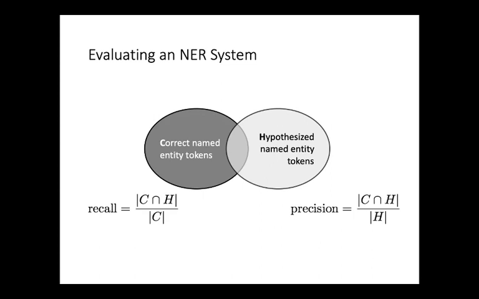Can somebody give me an intuitive explanation? Recall would be how many of the total named entities you want to recognize that you captured. And precision would be how many of the entities that you captured are correct. That's right.